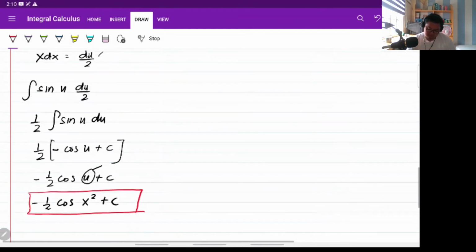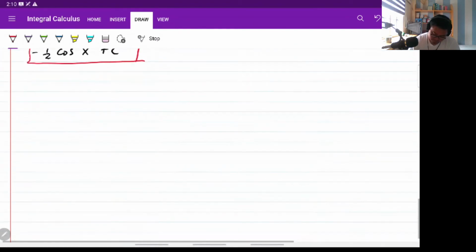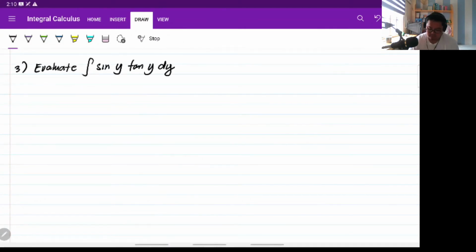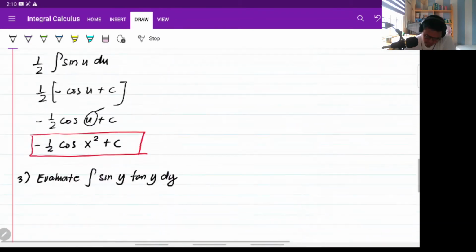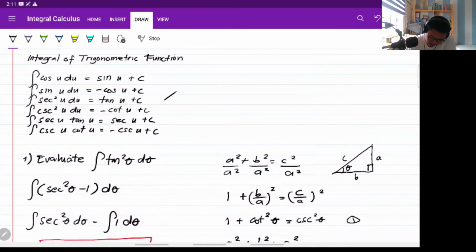Now, for the third problem, evaluate the integral of sine y tan y dy. If you look at our table, there is no sine y tan y here.